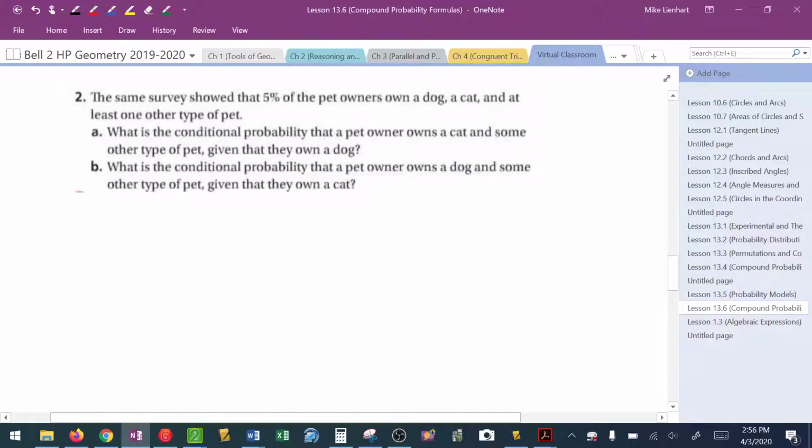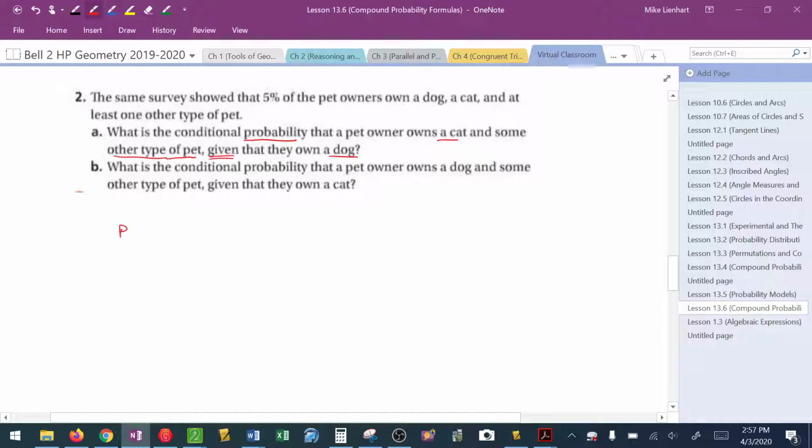The same survey showed that 5% of the pet owners own a dog, a cat, and at least one other kind of pet, so they've got at least three pets. Part A says, what's the probability that a pet owner owns a cat and some other type of pet given that they own a dog?